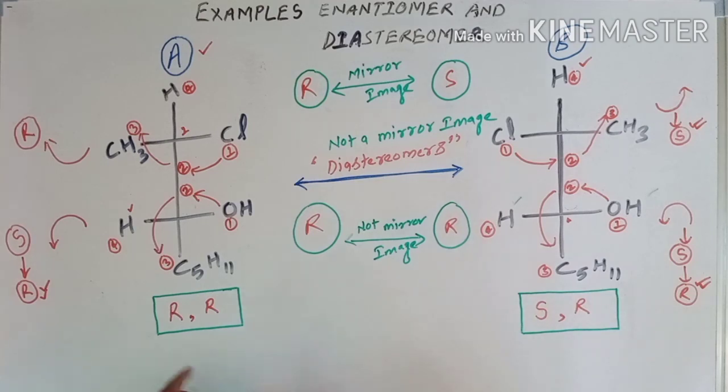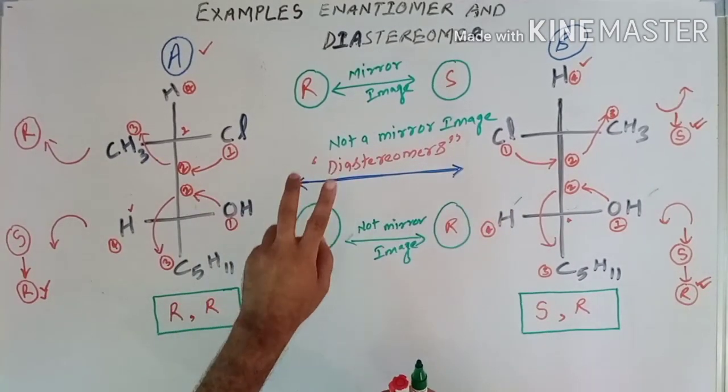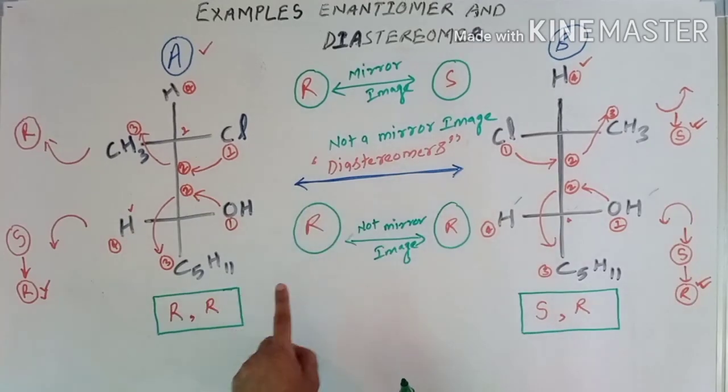And here we have already seen first carbon in both molecules has opposite configuration, but second carbon has same configuration. So both these molecules are what? Diastereomer. So this is how we can find out the relationship. So this is all about today's lecture. Thank you.